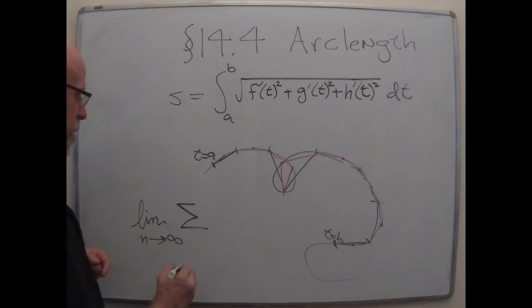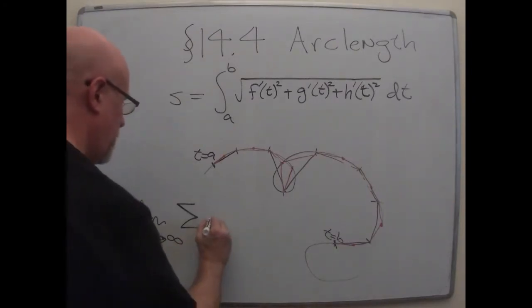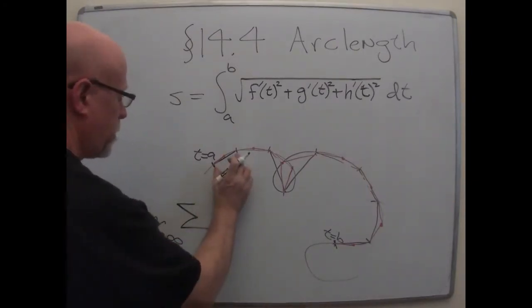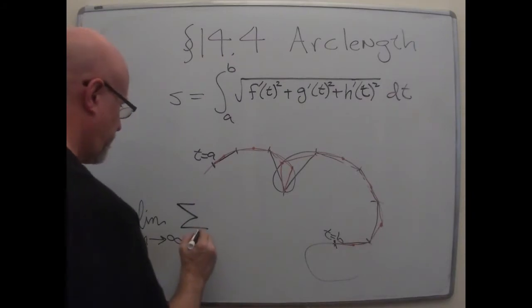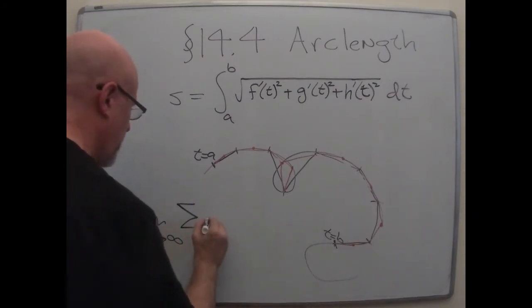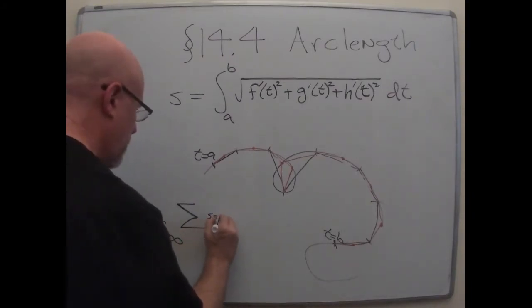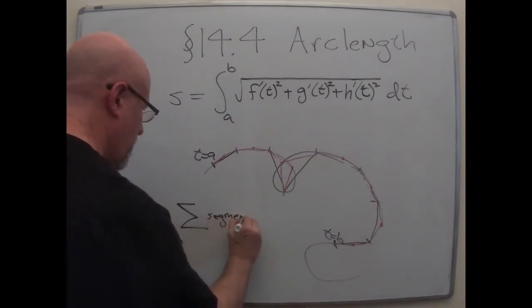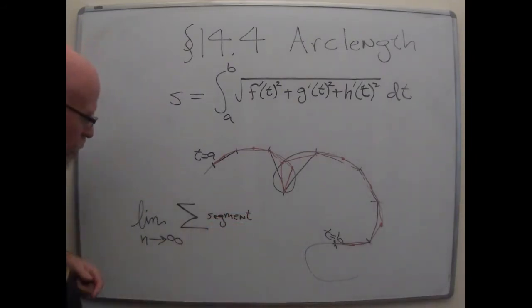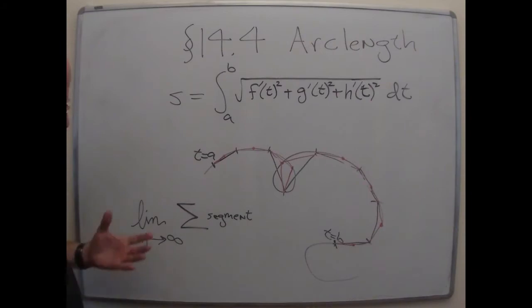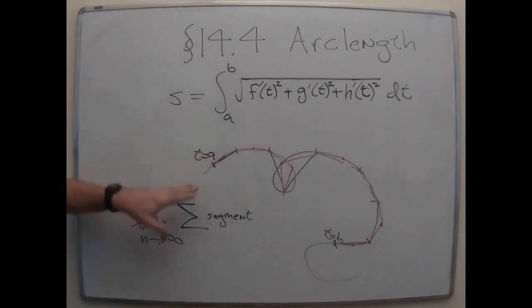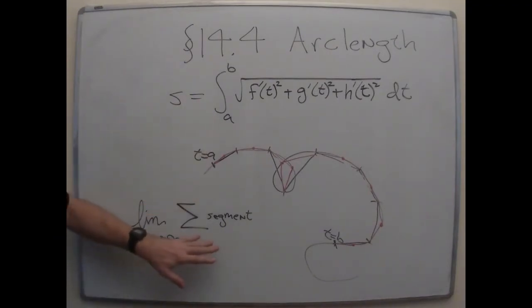And the sum is going to be the length of a line segment that goes between 2 points. For us, we don't really need to care too much about the details of this Riemann sum. We just want to think broadly about this. The integral we're after as the limit of a Riemann sum.